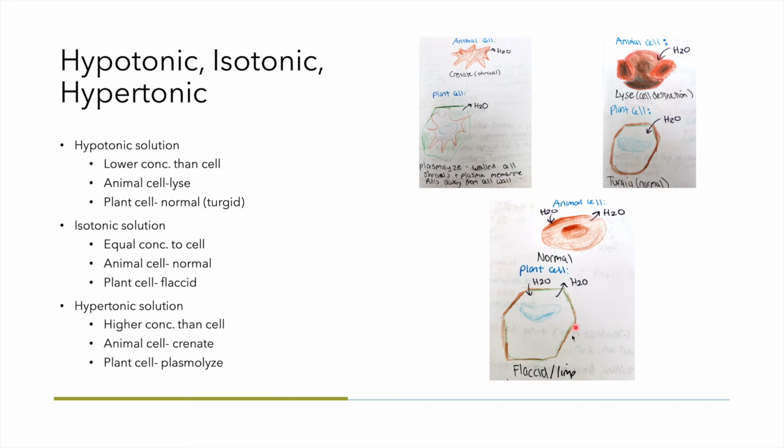A plant cell in an isotonic solution will be flaccid or limp because water enters and exits at the same rate, so there is no turgor pressure. In hypertonic solutions, plant cells will plasmolyze as water leaves the cell. The plasma membrane pulls away from the cell wall and shrivels.